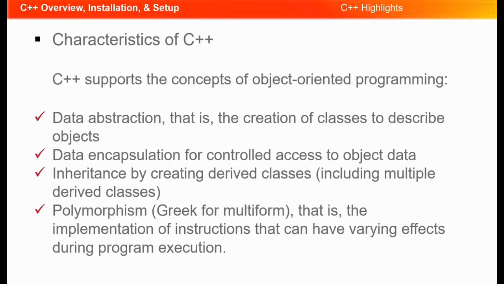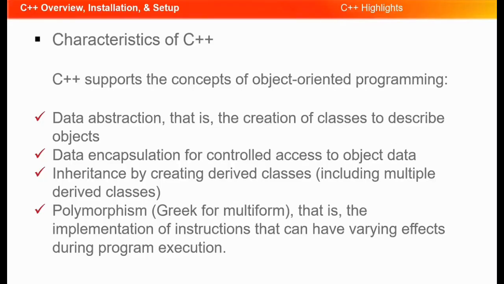So you have data abstraction, so the creation of classes to describe objects and how they behave. This is sort of like creating a blueprint. Data encapsulation, and this is all about controlling access to the data held within an object, whether it's in terms of changing that data or reading that data.